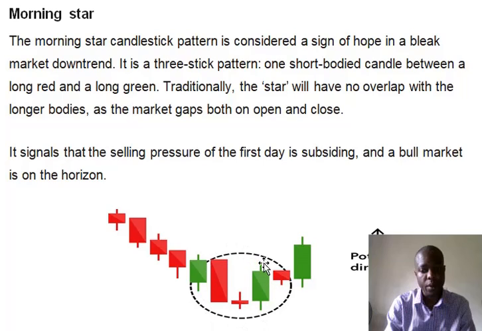When you see this pattern, it signals there may be upward movement. It signals that the selling pressure of the first day is subsiding and a bull market is on the horizon.